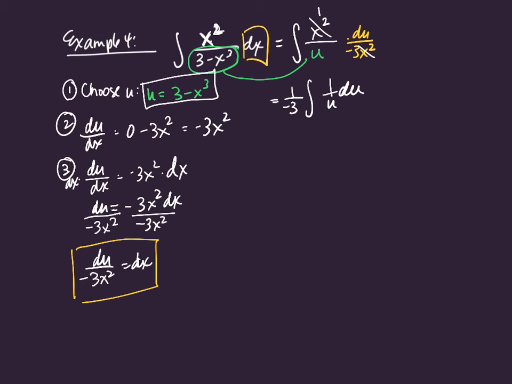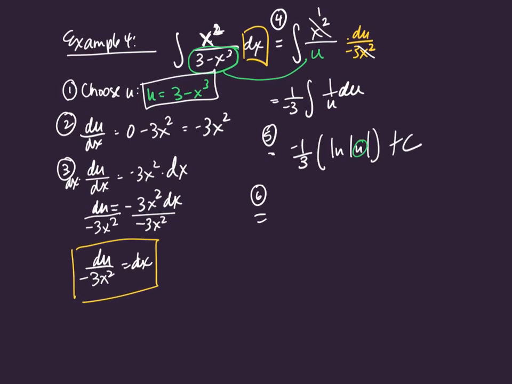And so that was step 4. We didn't mark that, step 4. Step 5, find the antiderivative. So 1 over u is ln of u. And then step 6 is substitute. Take out the u and replace it with 3 minus x cubed.